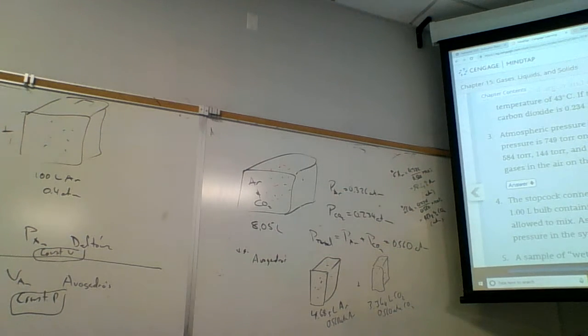And the total pressure is 749 torr of air. The partial pressures of nitrogen, oxygen, and argon are given respectively. What are the pressures of the other gases in the air on that day?